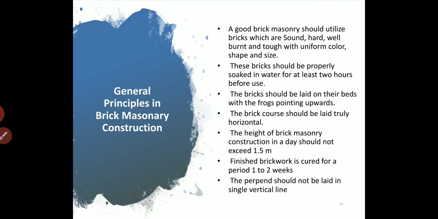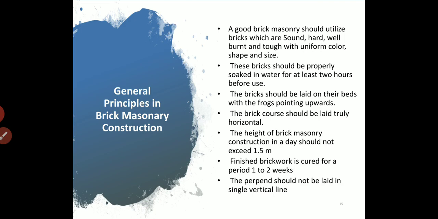The next topic is what are the principal terms of brick masonry construction, what points you have to consider in brick masonry construction. See, there are actually 23 rules that we have to check or observe in brick masonry construction.